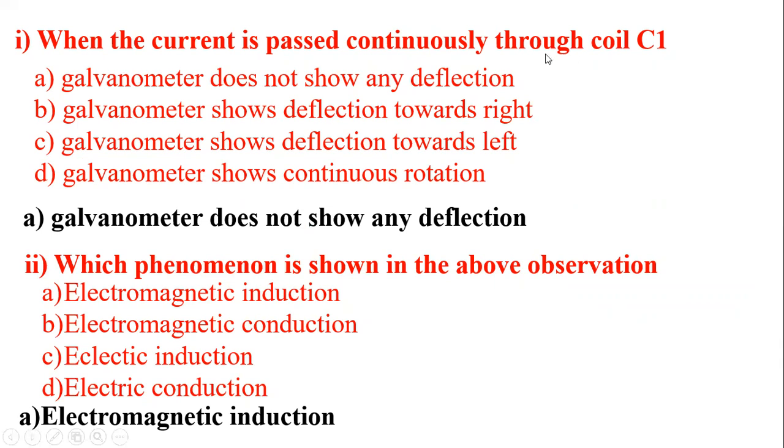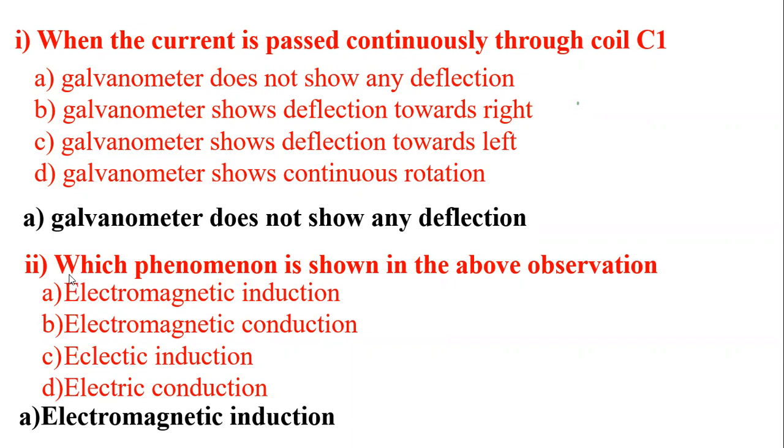If there is a change in the magnitude of the magnetic field, then only electricity will generate, or a magnetic field will be created in the second coil, the secondary coil. Understood? There is no change in the flow of current in the first coil, so there is no deflection in the galvanometer of the second coil. So answer A is correct.